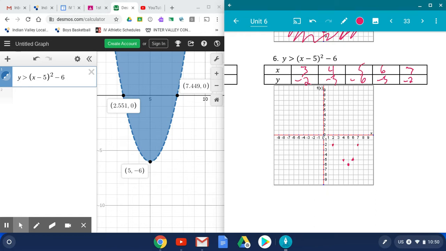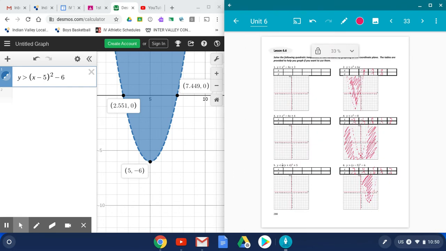This one is also dotted. Yeah, 3, negative 2. And it is shaded on the inside. So there's the first 3 questions.